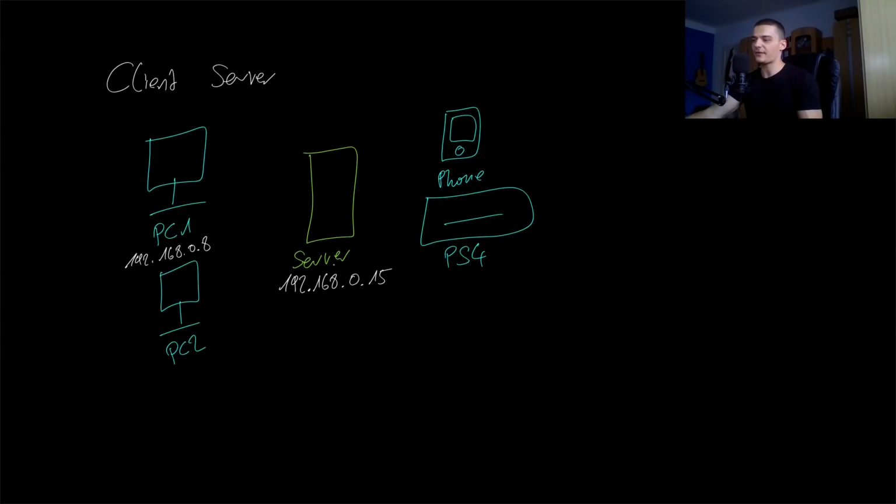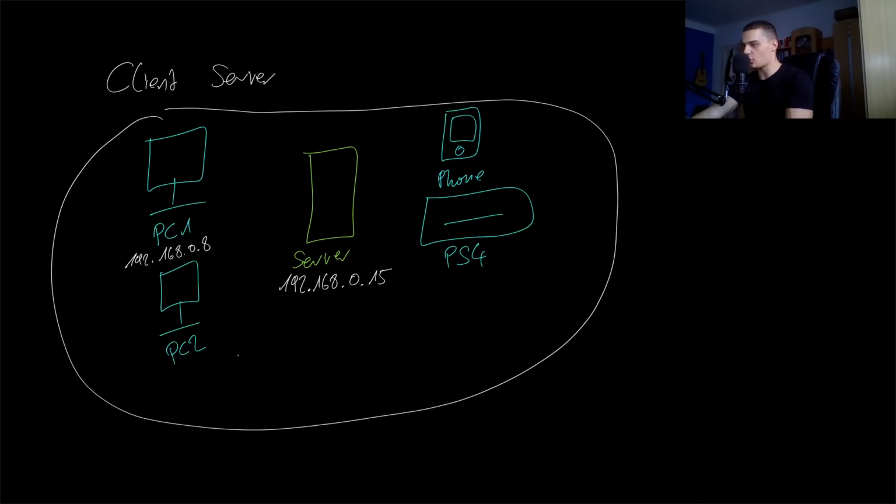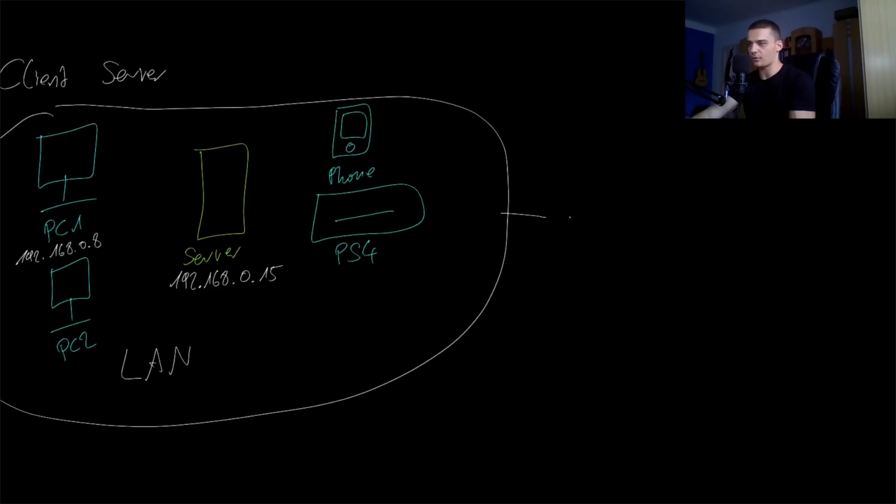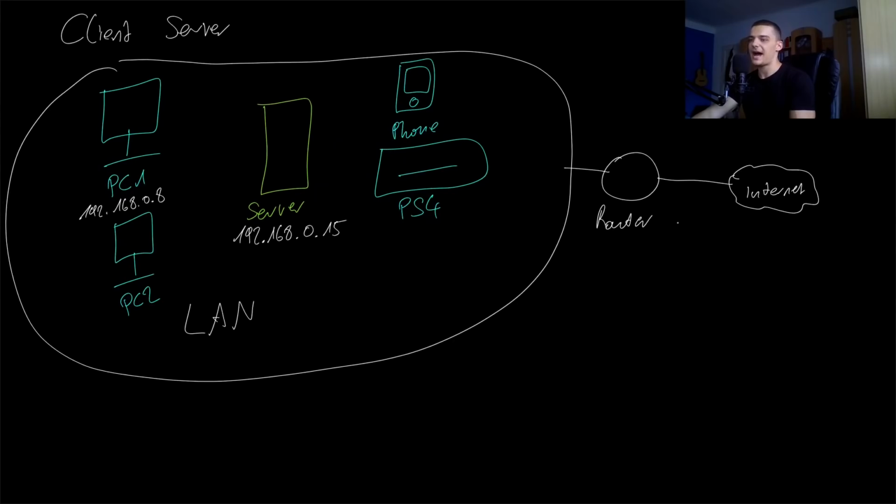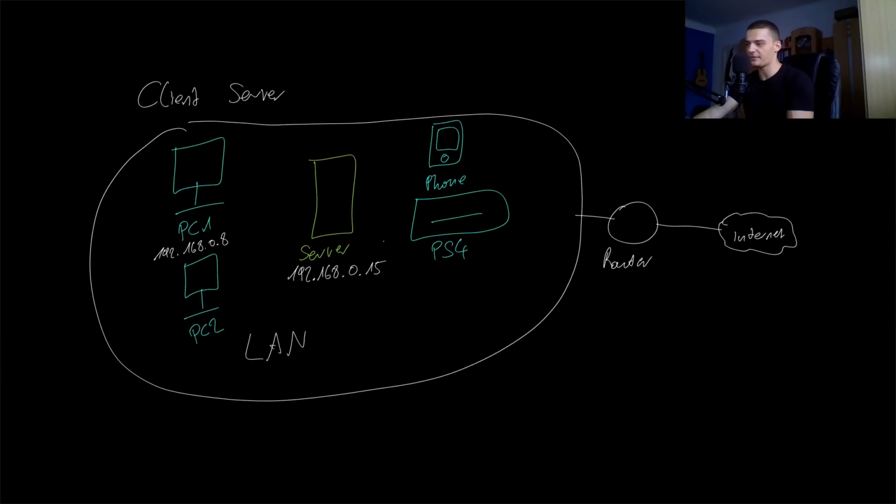For this, we have a so-called public IP address. So let's say this here is my local area network, my home network, and somewhere here I have a router connecting me to the internet. In the internet, I have a different IP address. I don't have those local IP addresses, because there are three classes of local IP addresses.